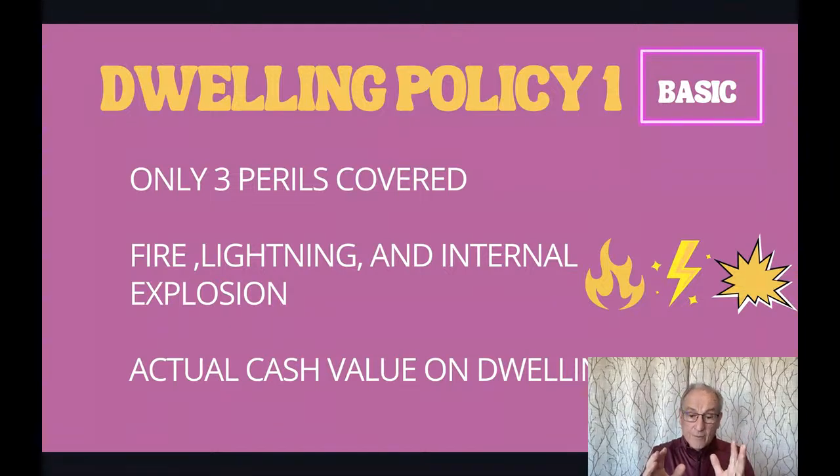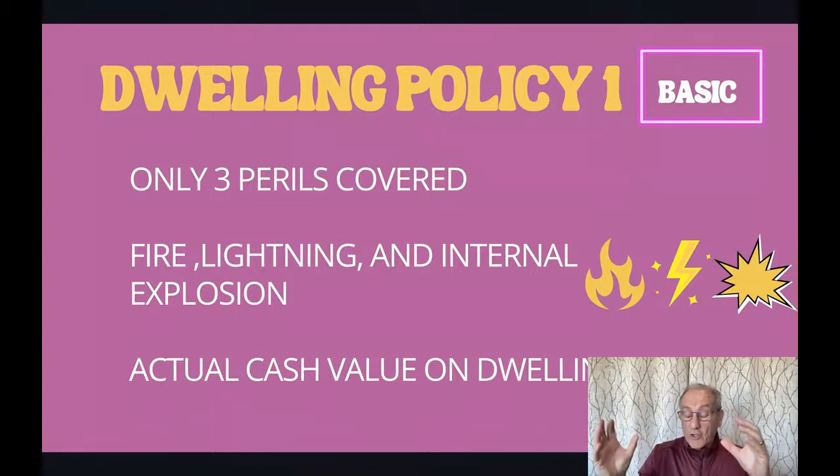Now, my friends, that means any policy we're going to look at going forward, dwelling and homeowners, has these three perils. If they're on the basic, they're going to be on every single policy. Also, this is the only policy I'm going to discuss with you that insures the dwelling on actual cash value, not replacement cost.